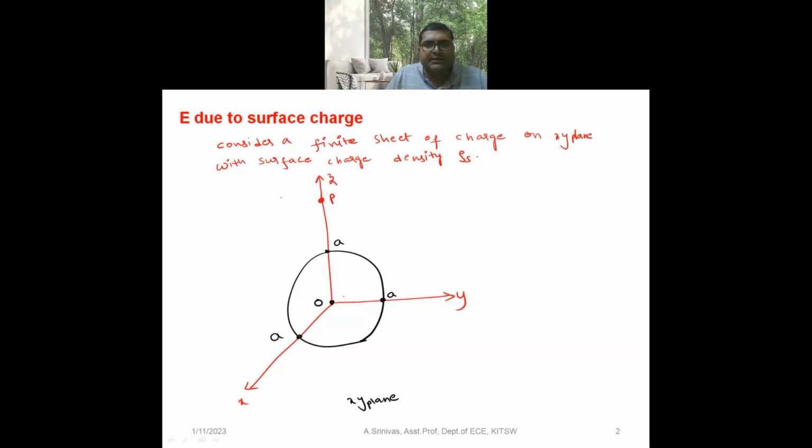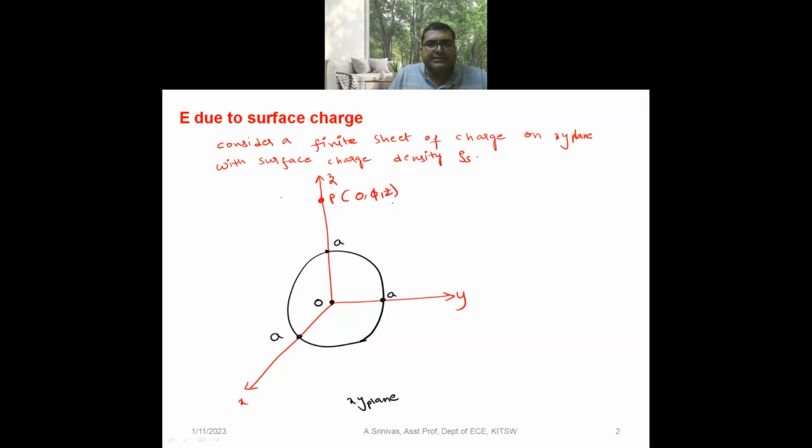The sheet of charge is on XY plane. Along Z axis at some distance, we need to calculate the electric field intensity. The coordinates of P is 0, 0, Z.